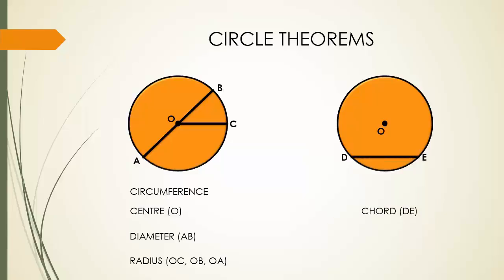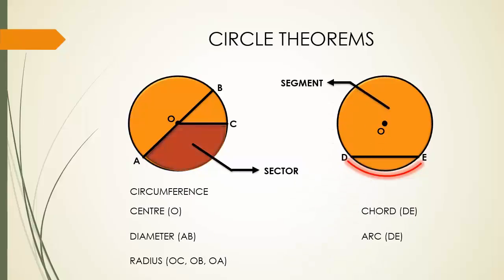Also we need a chord, say DE. Again we need an arc, say arc DE. Also we need a sector, as you can see. Last but not least, we need the segment of the circle. So these are the parts that we may be using in our discussions.